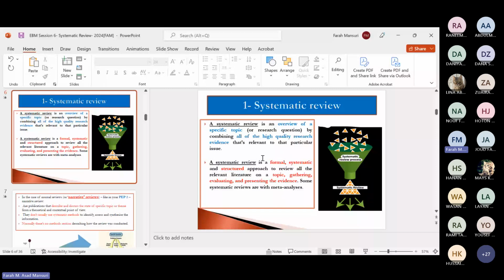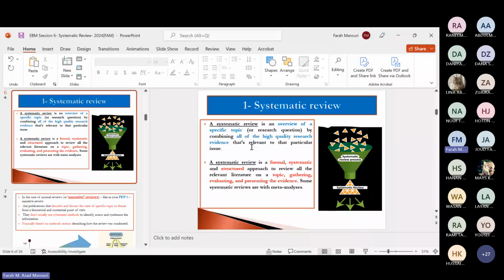But in the year 2000, this was known as the millennium trial, where a systematic review was done because some of the RCTs were saying that hormones are good to prevent these post-menopausal symptoms. But some were saying that the harm is more than the benefit.